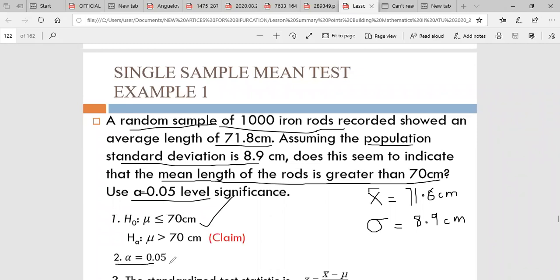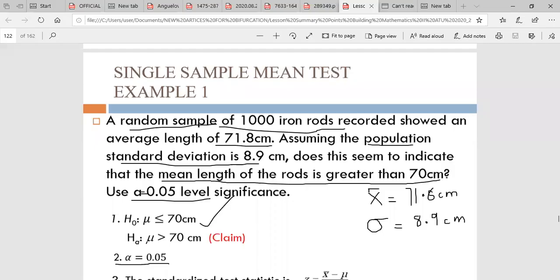We write that alpha is 0.05. Please give me a minute. The next step is to decide on which statistic we are going to use.